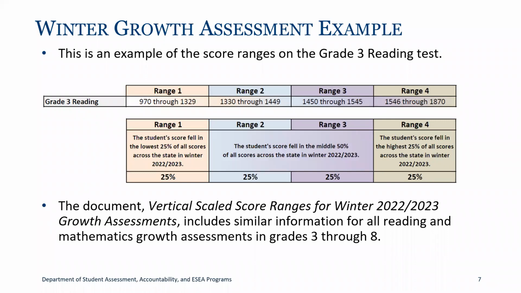Within each range, there is a 3 or 4-digit scaled score. If your child has a vertical scaled score in range 1, this means your child has a score lower than 75% of all test scores of students who took the same test.